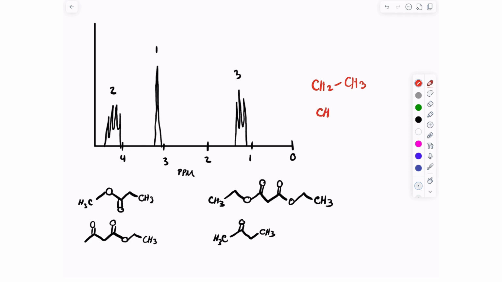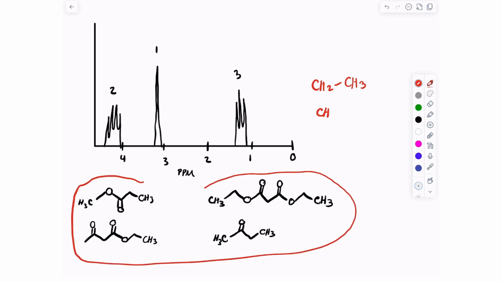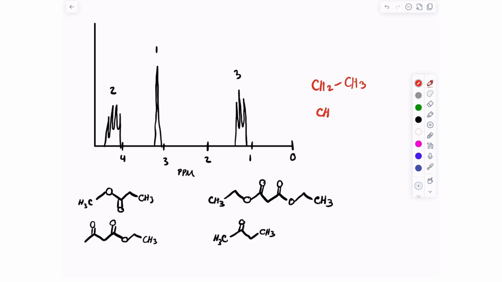and we also have a peak of 1, which is really strange because if you look at these, I don't see anywhere that has a singlet that also has 1 hydrogen on it. So that's when looking at this from a relative integration perspective helps, because we do know that we have an ethyl, right?